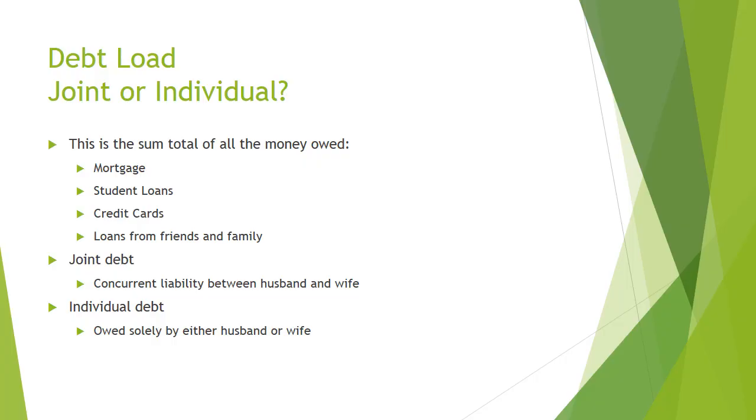Joint debts are those debts that are a concurrent liability between both the husband and the wife, whereas if one person individually has debt, it's owed solely by either the husband or the wife.